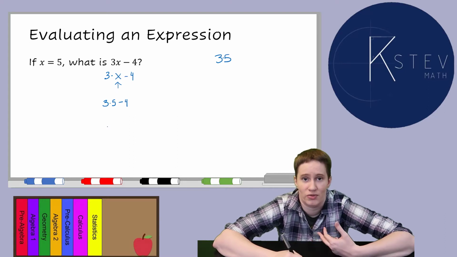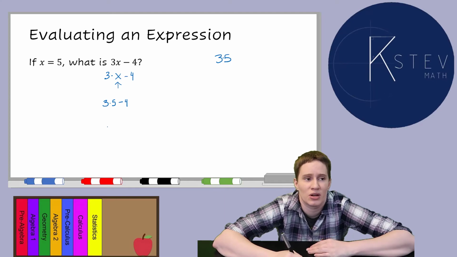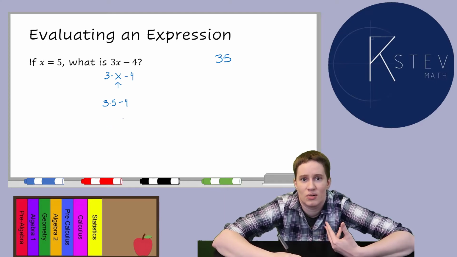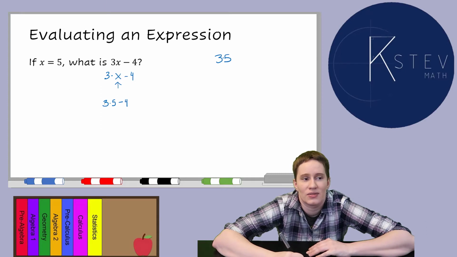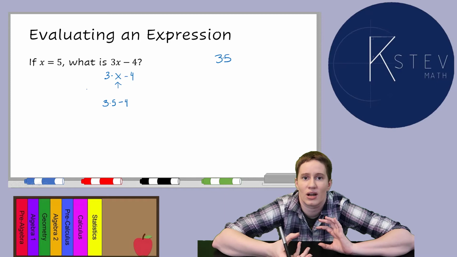Hopefully you've seen some order of operations. You're definitely going to see some more during pre-algebra, but it's enough right now to just know that multiplication and division have to happen before addition and subtraction. And the way I kind of think of it is 3 and 5 are kind of almost glued together in a way.